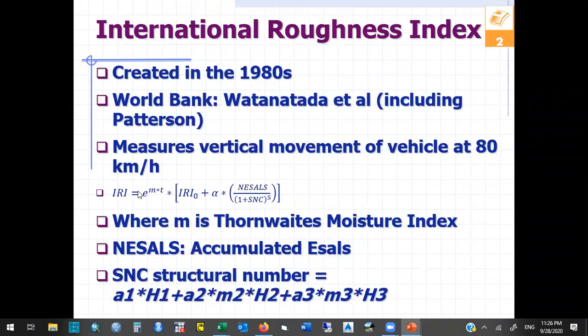The one I'm showing you here is a simplified version of that equation. The complete equation will have plus a bunch of terms that are related to the block cracking, top down, bottom up cracking, the rutting, and many other things. So it combines all the damage and comes up with this.